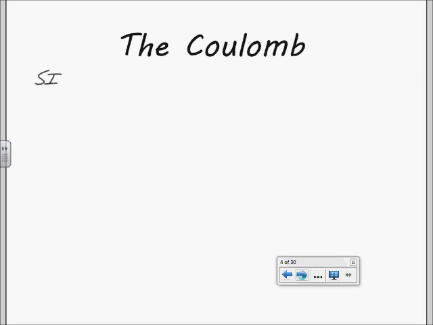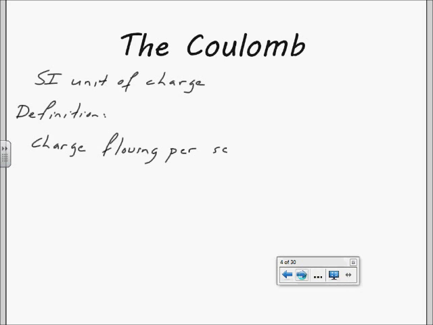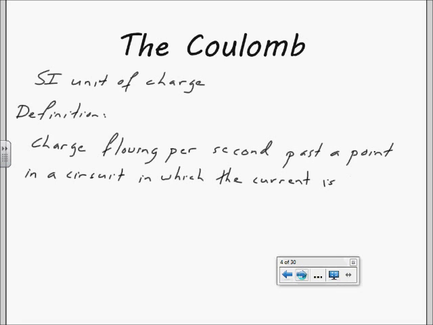Well, the Coulomb is the SI unit of charge, and in terms of a definition, this comes from the dictionary too: a Coulomb is the amount of charge flowing per second past the point in a circuit in which the current is 1 ampere.